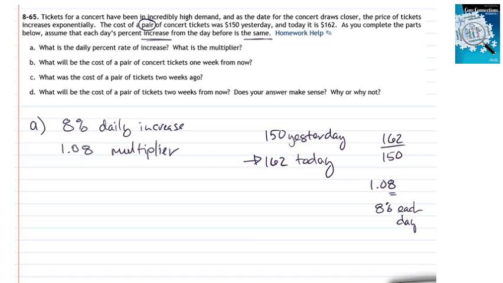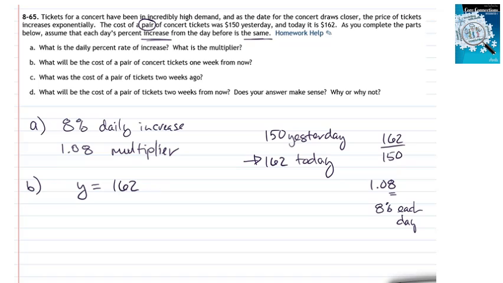When it's 162. The concert today. So that multiplier I have is for days, right? So I'm gonna write a function here for this. Y equals 162.